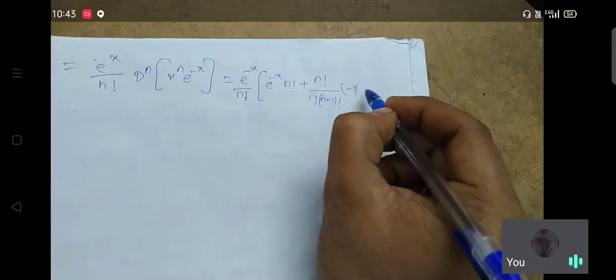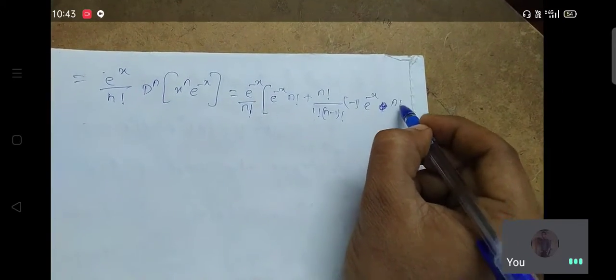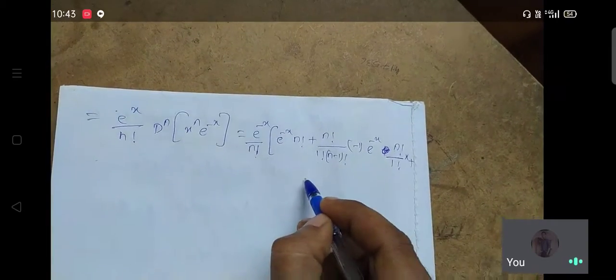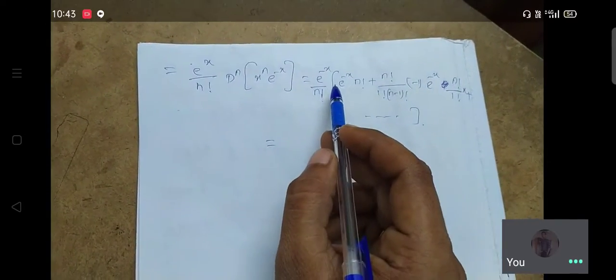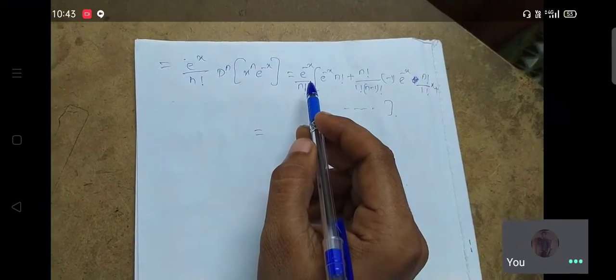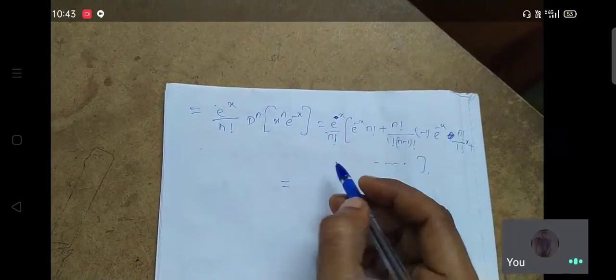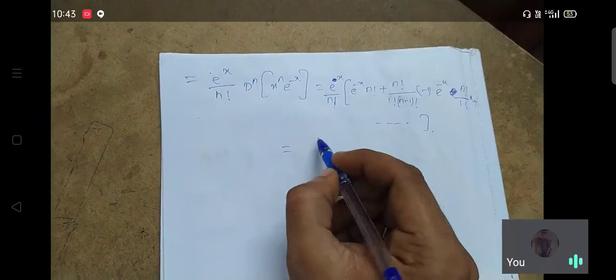So minus 1 e power of minus x, n factorial by 1 factorial into x, plus and so on. Okay, which is equal to, this is not e power of minus x, it is e power of x. So e power of x into e power of minus x is equal to 1.